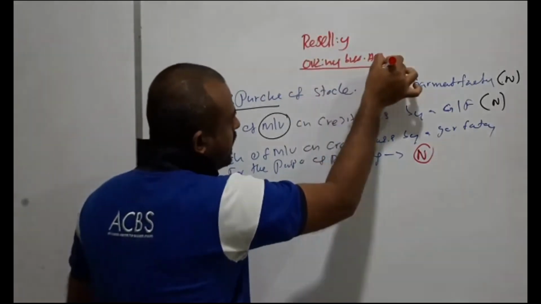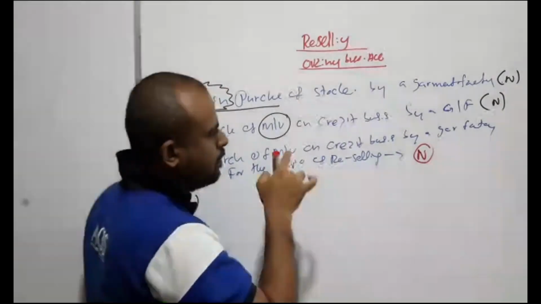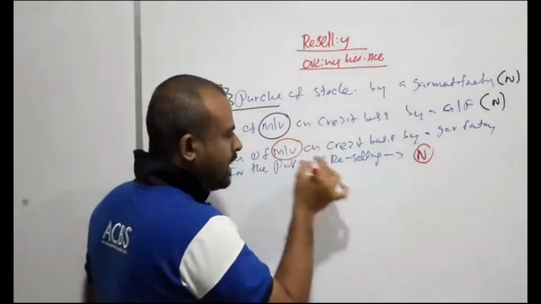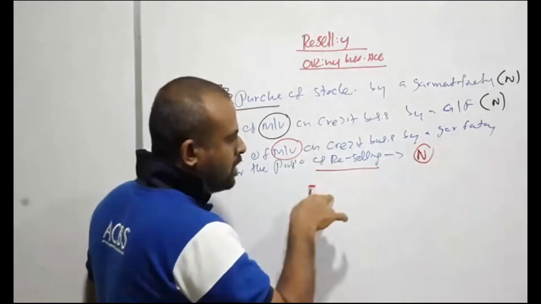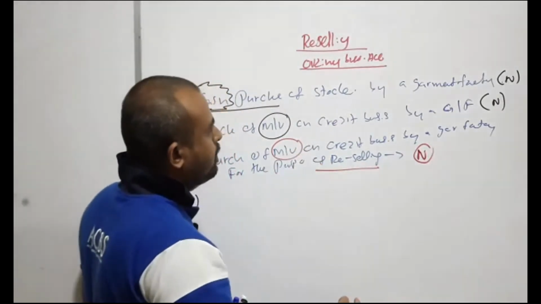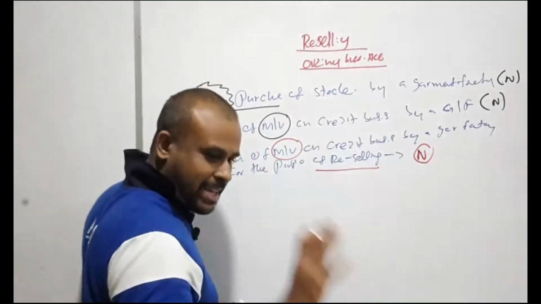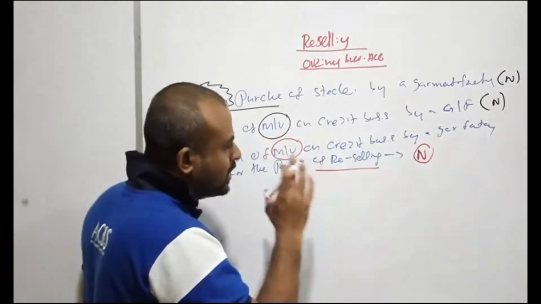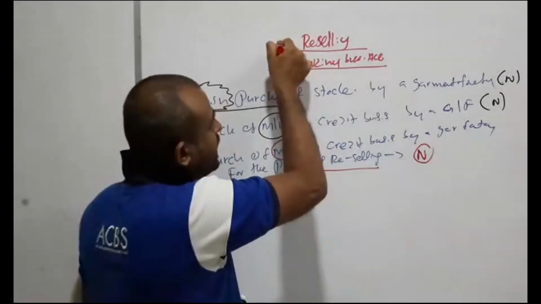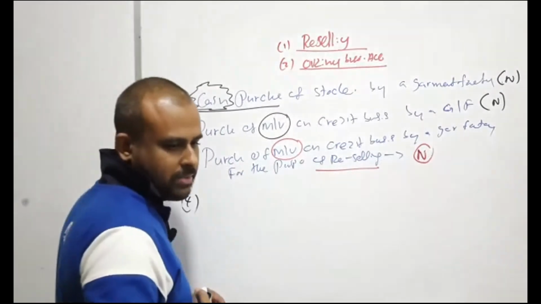So you purchased this motor vehicle to resell, but the normal business activity of a garment factory is not selling motor vehicles. So the reselling intention is only one condition. There are two conditions which need to be satisfied.